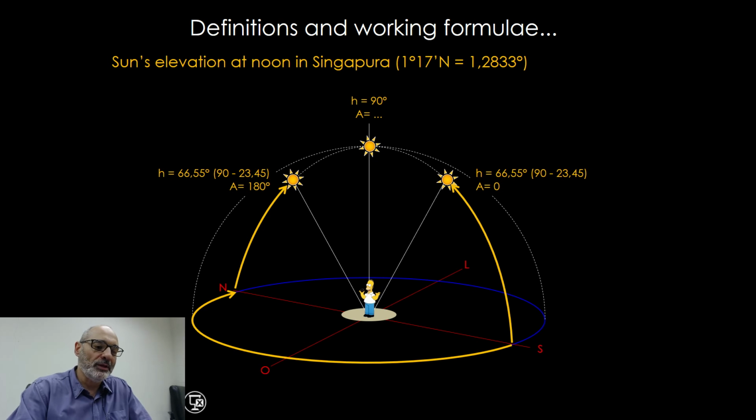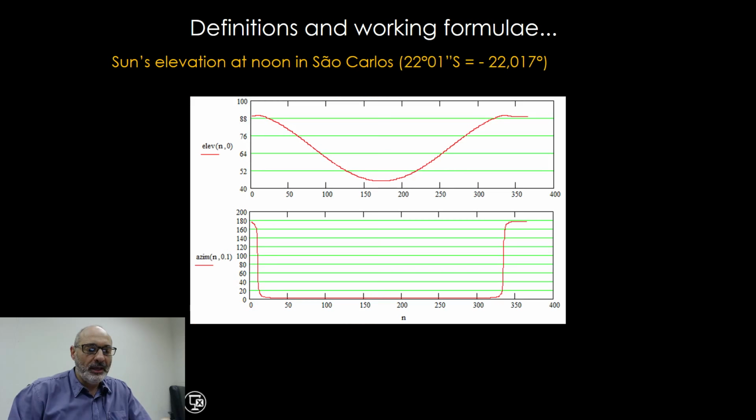If you draw this on the horizontal coordinates, this means that during summer you are here, during winter you are here, and during the equinox you are here. The same thing for São Carlos, at latitude 22.01.